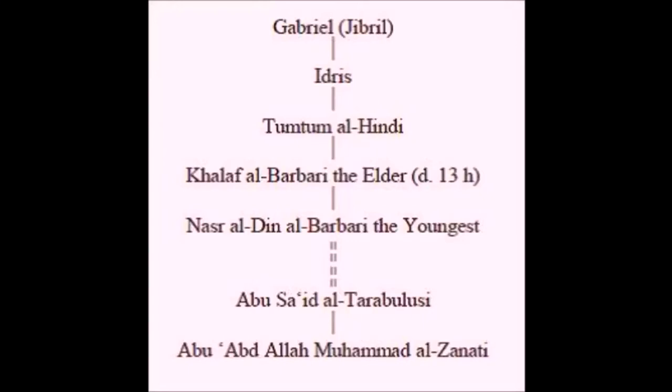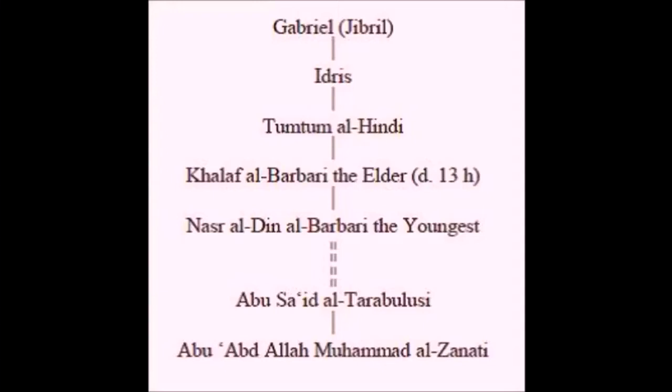The list usually ends with the most famous geomancer of all times, Abu Abdullah Muhammad al-Zanati, following his master Abu Sa'id al-Tarabulusi.